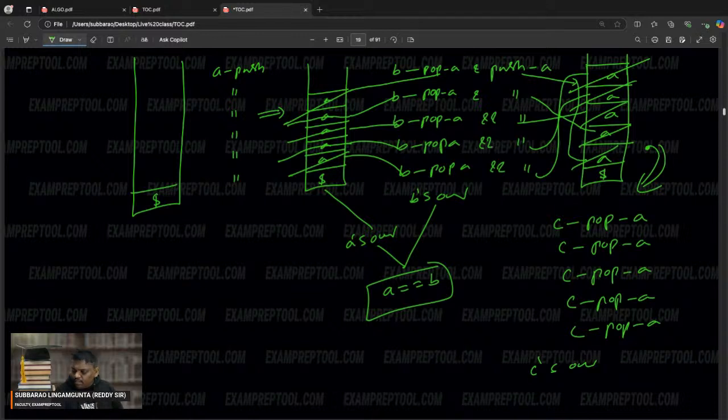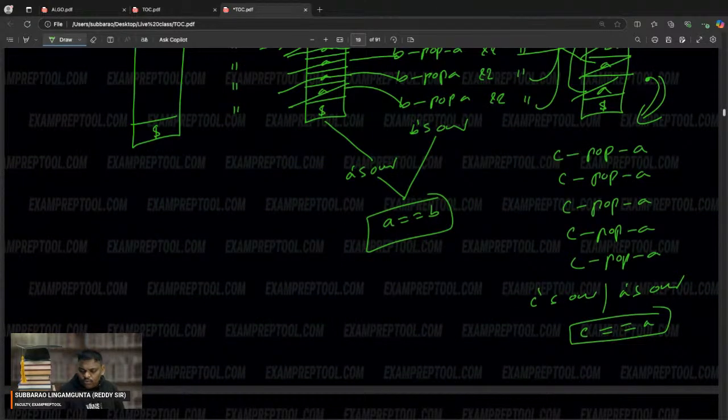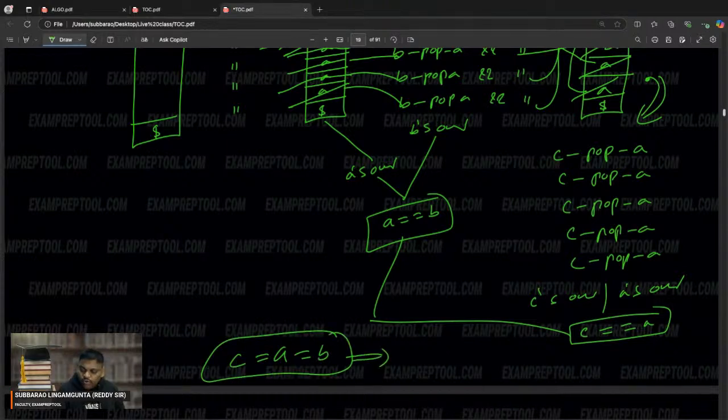C is over and A is also over, so C is equal to A's. So the final conclusion is A is equal to B's and A is equal to C's. Finally, A is equal to B is equal to C's.